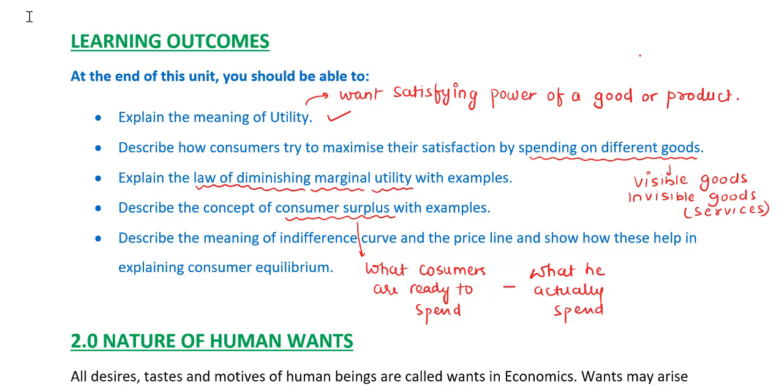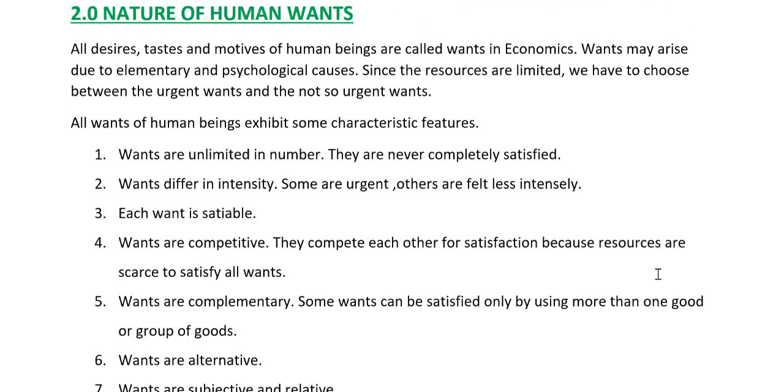We'll try to learn the meaning of the IC curve, that is the indifference curve, and the price line, which is also known as budget line, and show how these help in explaining the consumer's equilibrium. So this was about the learning objectives of this chapter.